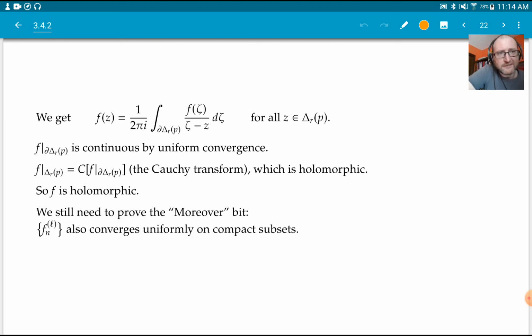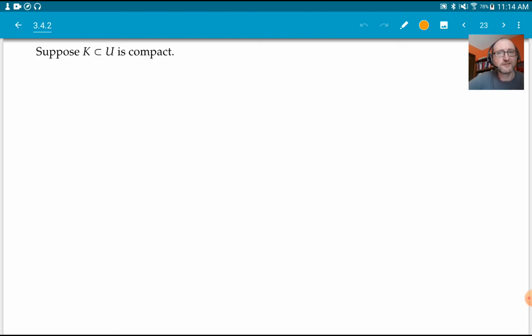We still need the "moreover" bit, which is maybe a little bit more surprising, maybe not, I don't know, but it's definitely surprising, or it should be, and that's a little bit more subtle to prove. So basically, let's take a compact set. This is actually a useful technique that comes up often.